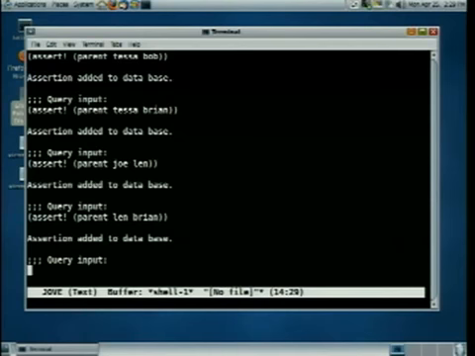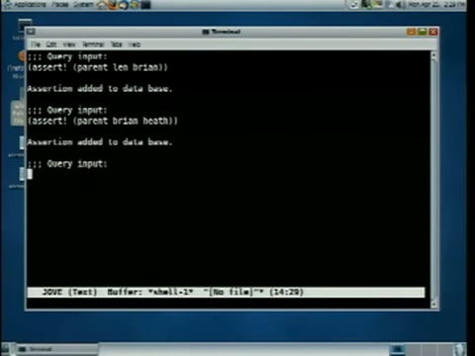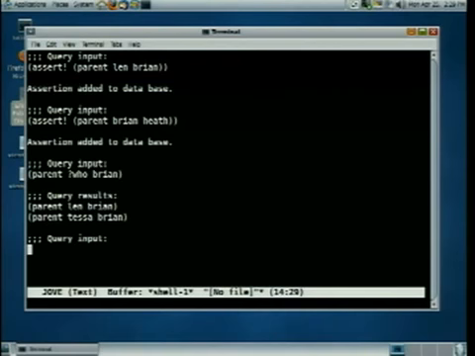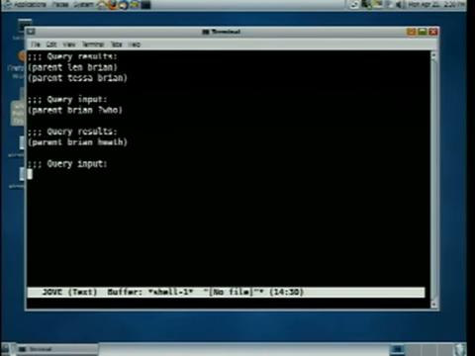Right, so so-and-so is the parent of so-and-so. So now I can ask who Brian's parents are. I get two answers. And I can ask who Brian's children are. I get one answer.